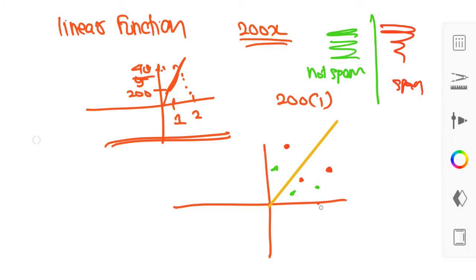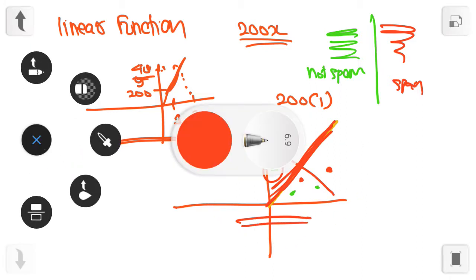Even if we take a line from here, we still have this mail misclassified, and in the same way if we have a line passing from this area, we still have this one misclassified.